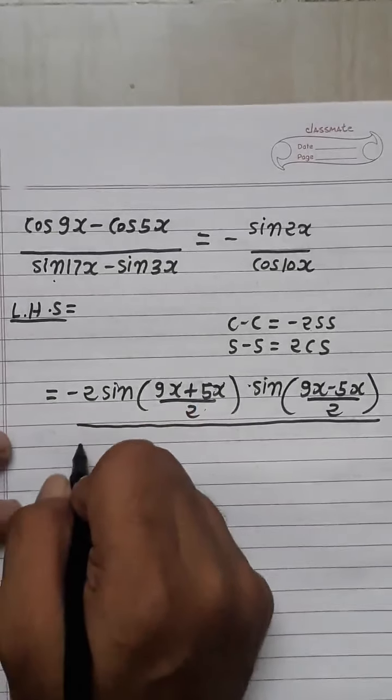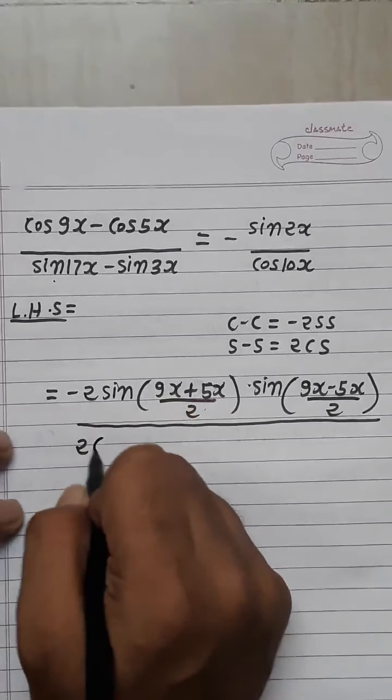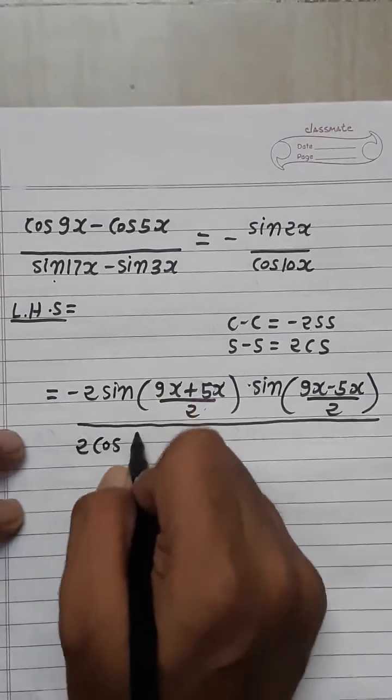So here we can write 2 times cos of (17x plus 3x divided by 2) into sin of (17x minus 3x divided by 2).